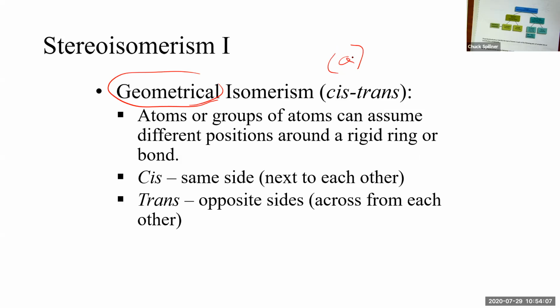The cis means that two ligands are on the same side of the molecule, and I'll have to show you some pictures to illustrate that. And trans means they're on opposite sides. This cis-trans isomerism also occurs in organic chemistry. I'll say it's analogous to these ligands: ligands being on the same side, ligands being on the opposite side.